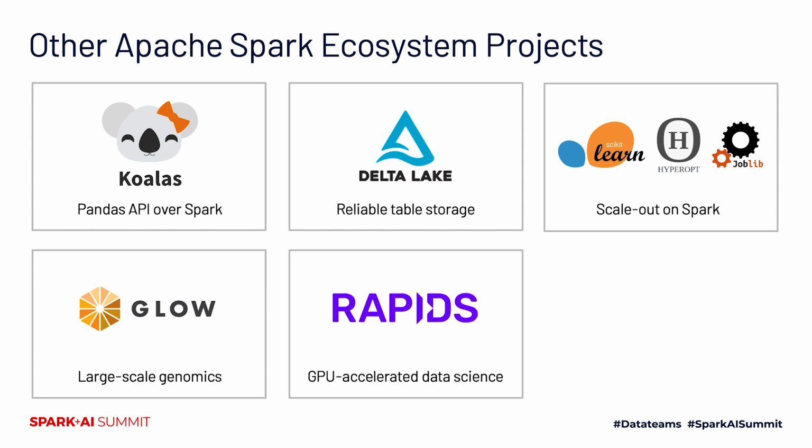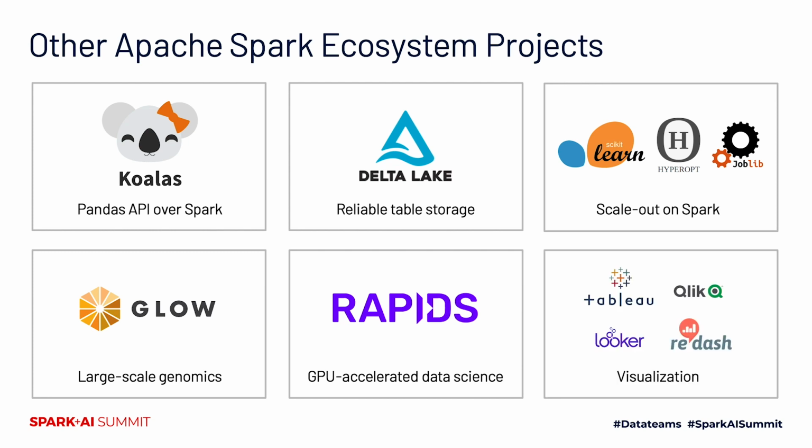And NVIDIA has been developing Rapids, which provides a wide range of data science and machine learning algorithms that you can call from Spark that use GPU acceleration and really speed up these workloads. And finally, we've also done a lot of work on Databricks on improving connectivity with both commercial and open source visualization tools so that users can build interactive dashboards using Spark as the backend.